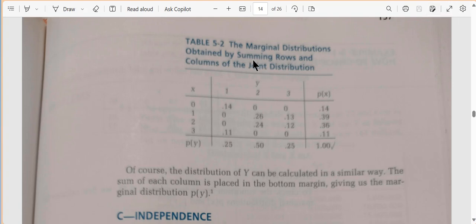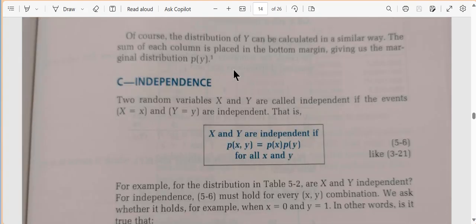Either way, you can call it either one. But if you get it from the joint distribution, then they usually use the word marginal. You should be aware of what they mean when they use the words marginal probability distribution of x. We can presume that they're getting it from the joint distribution.